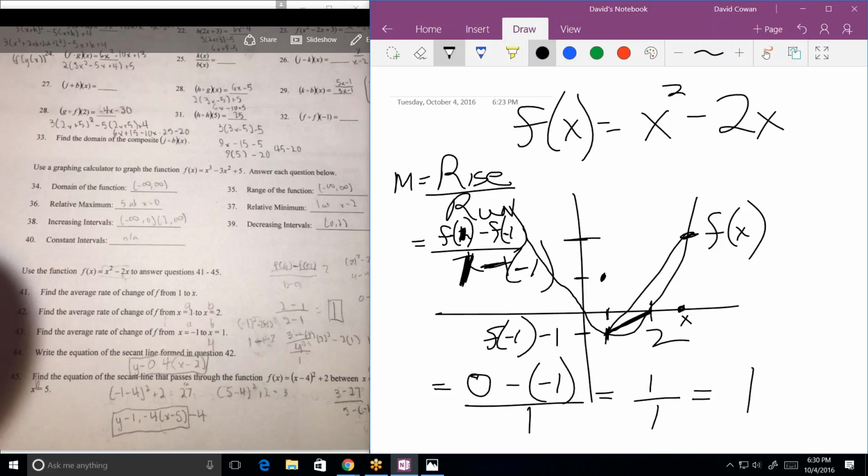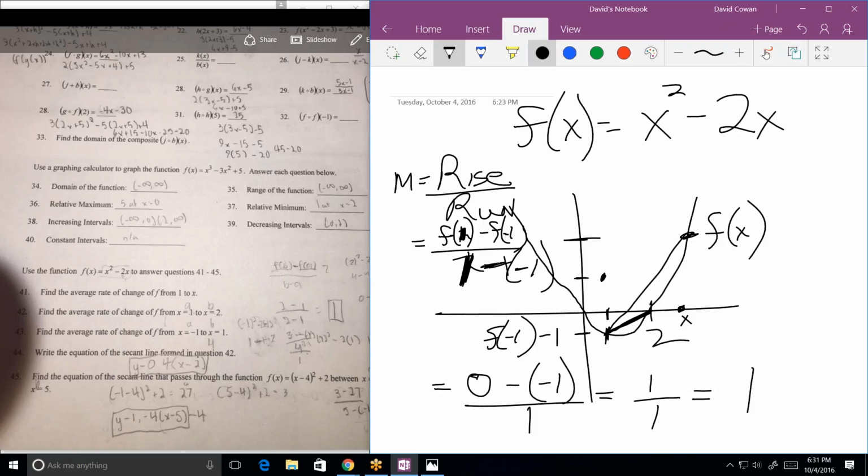For 43, and then you just have to do the math. The bottom ends up being 2. f of 1 is minus 1, and f of minus 1 is 3. So the top, I think, ends up being minus 2, if I'm not doing my math wrong. Maybe not, but it's just arithmetic at that point.